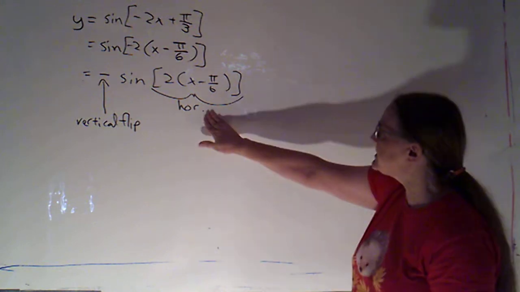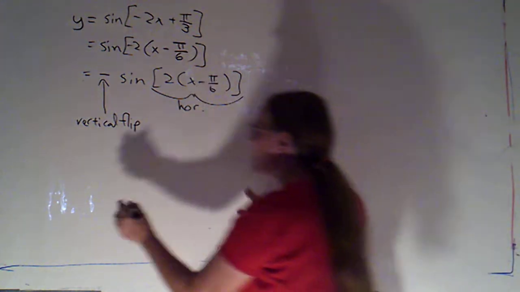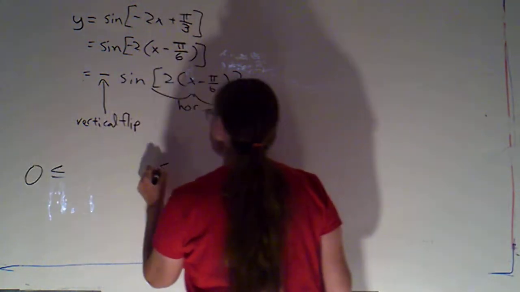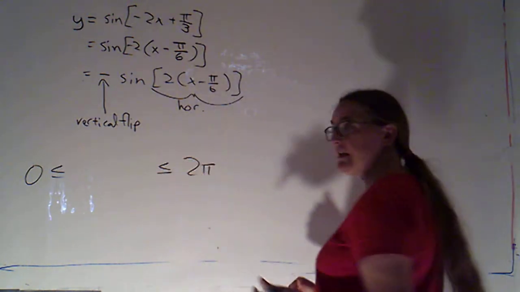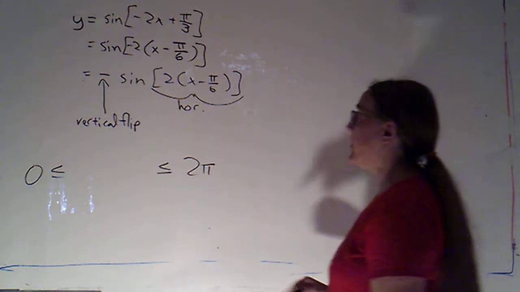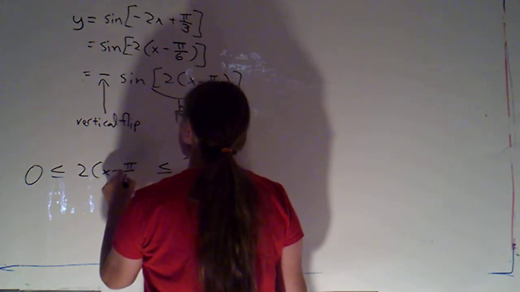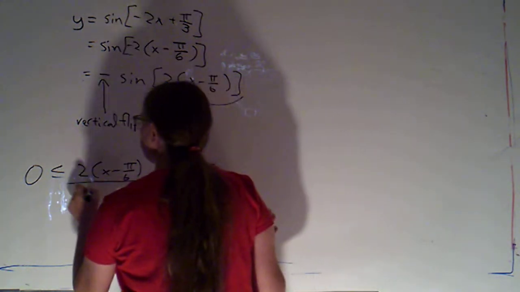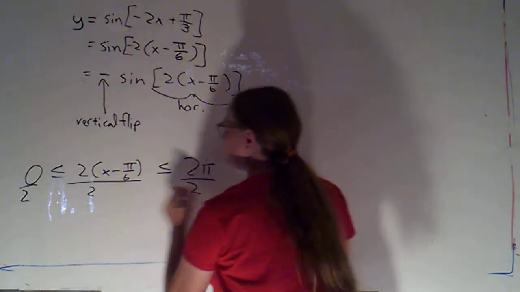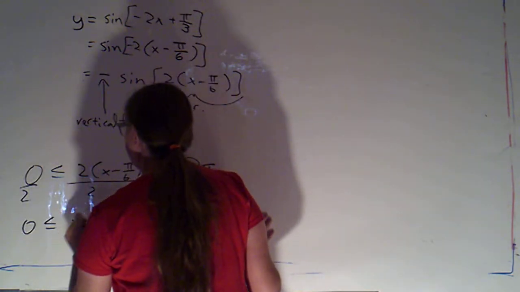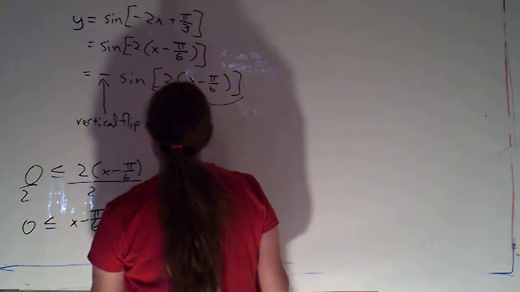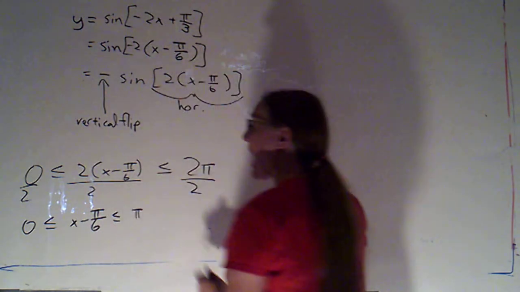All right, let's deal with the horizontal stuff. I know that sine is going to do its thing once as the input varies from 0 to 2 pi. And now my input is 2 copies of x minus pi over 6. Let's divide through by the 2. So 0 less than or equal to x minus pi over 6, less than or equal to pi.